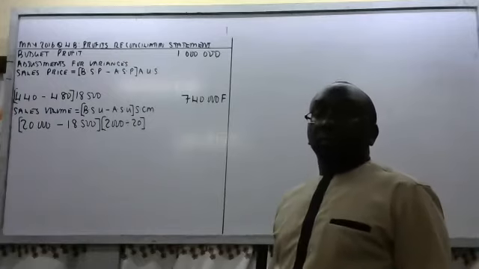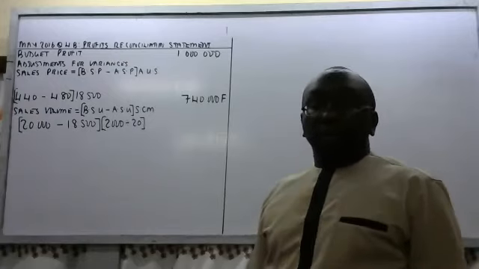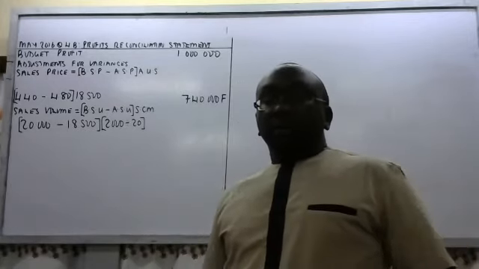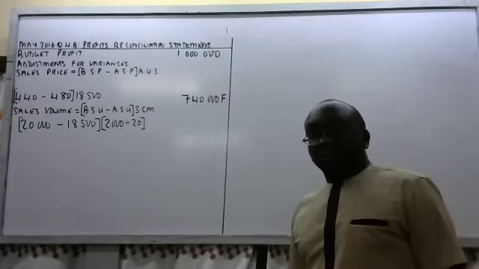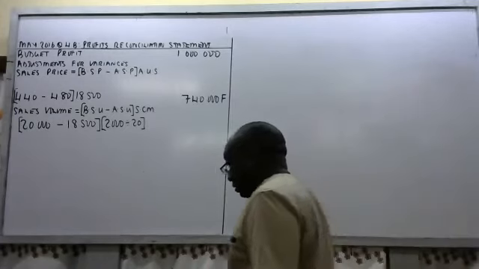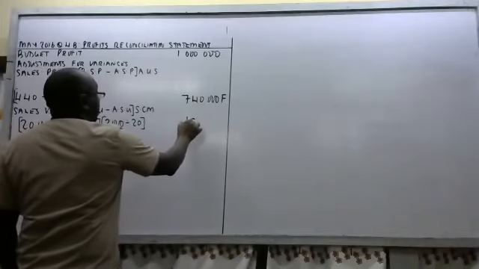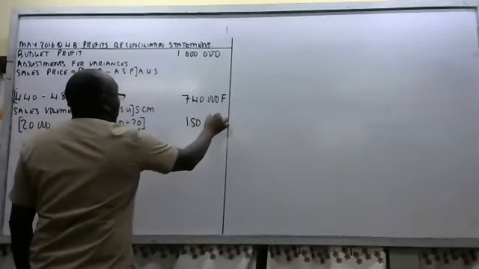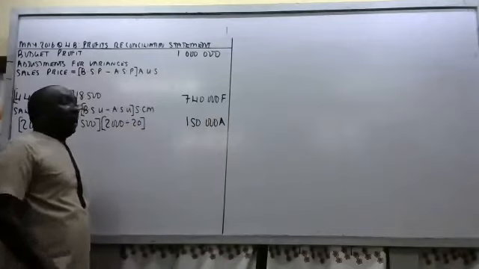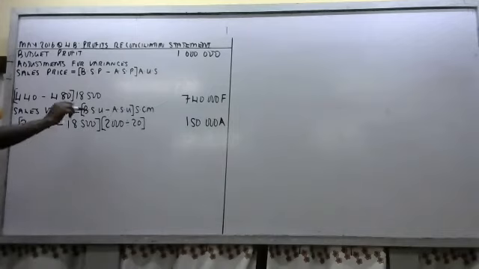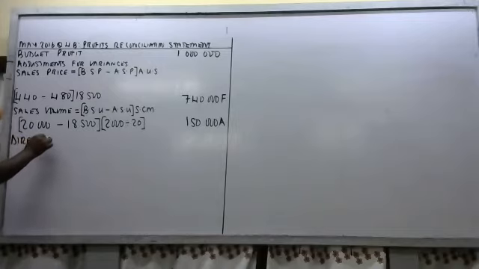Achieng, good. So it is 150,000, which is adverse. After that, we move on to direct materials.